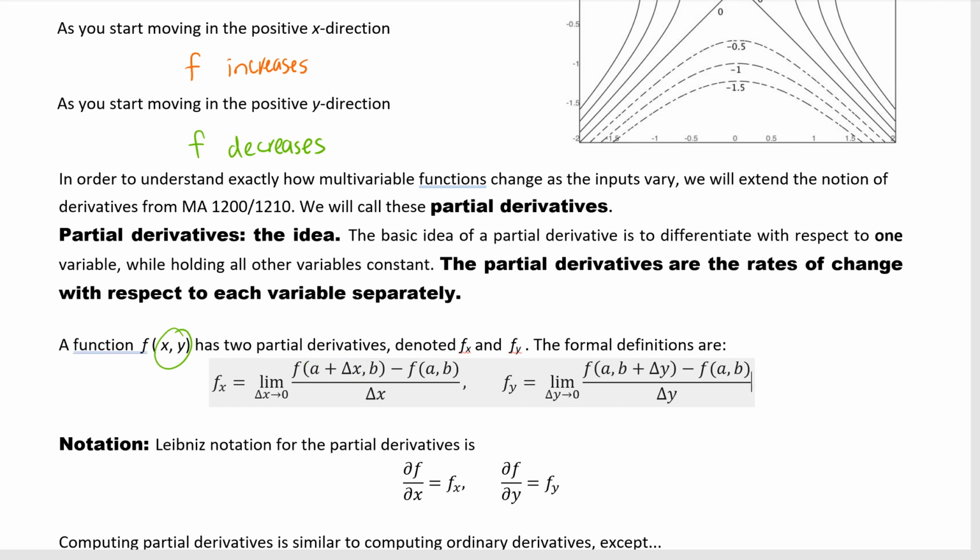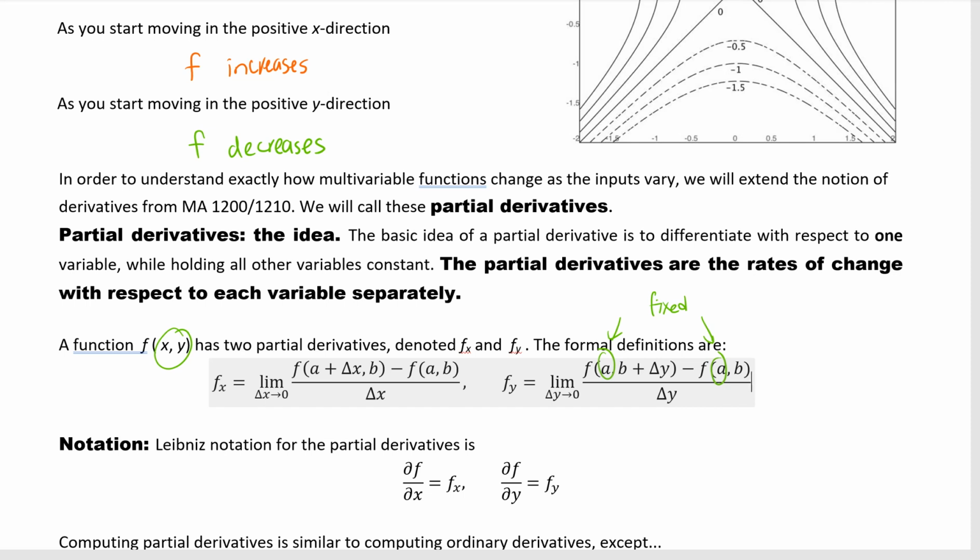And on the other side, partial f, partial y equals the limit as change of y goes to 0. And then we have the first coordinate fixed, and the second coordinate, like in Calculus 1, we evaluate f of (a, b plus change of y) minus f of (a, b) over change of y.